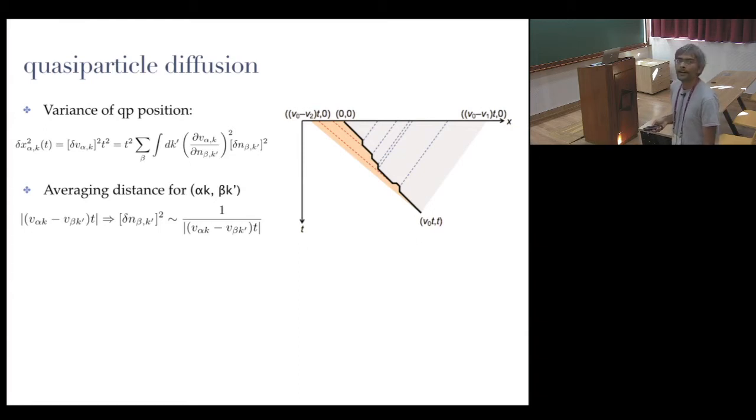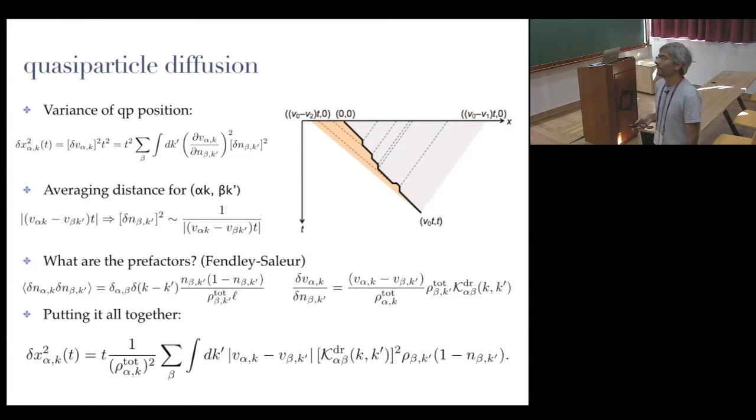Once you have these two things together, you immediately see you're going to get diffusion out of this t squared times this 1 over t, and all that remains is to plug in these prefactors, which have to do with the static fluctuations of quasiparticles of particular species in a thermal ensemble in an integrable system.